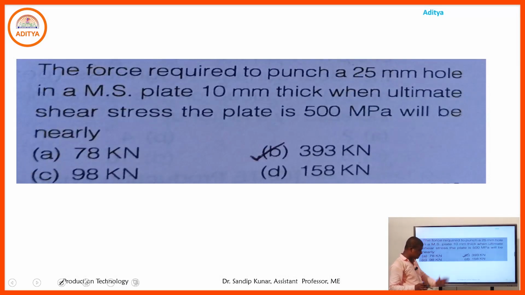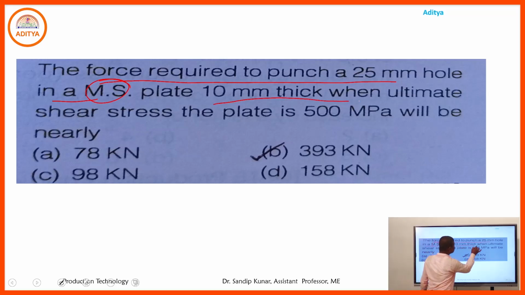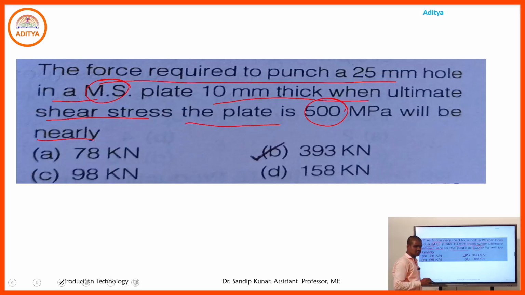Now we come to the solution of some problems in piercing and blanking operation. The force required to punch a 25 millimeter hole in MS plate, that is mild steel plate, 10 millimeter thick, when the ultimate shear stress of the plate is about 500 megapascal. Now we calculate the force required.